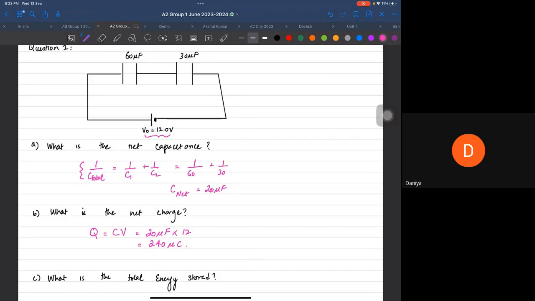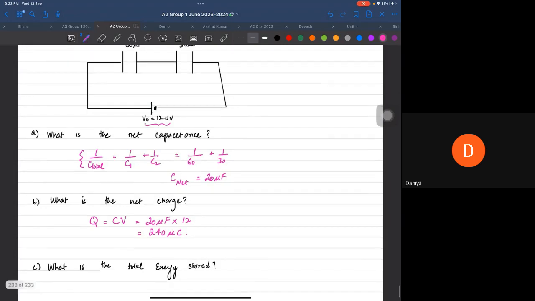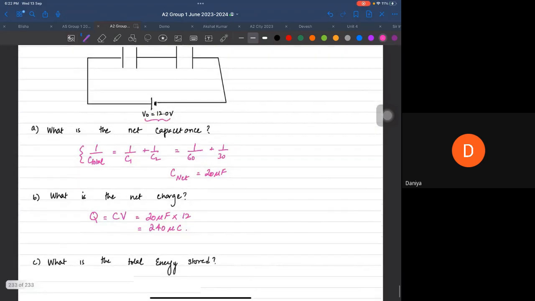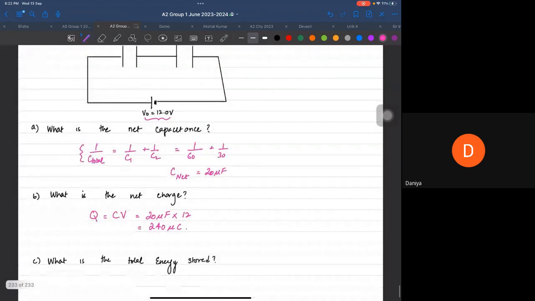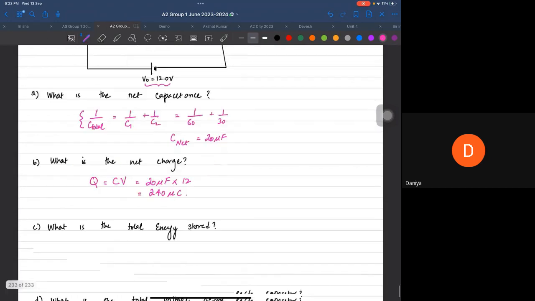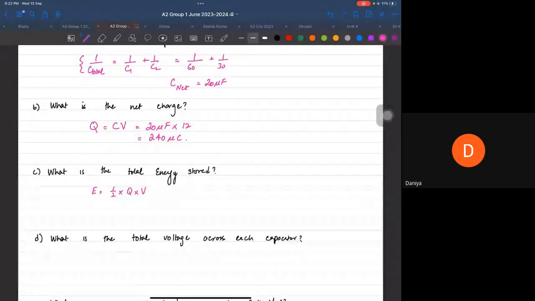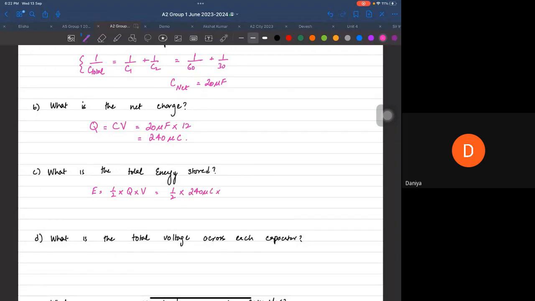Now then it says, what is the total energy stored? We already know the formula for energy because we have charge, capacitance and voltage, so we can use any formula that we want. But for now, let's use half times Q times V, because we want the total, so we multiply the total charge and the total voltage available to us.